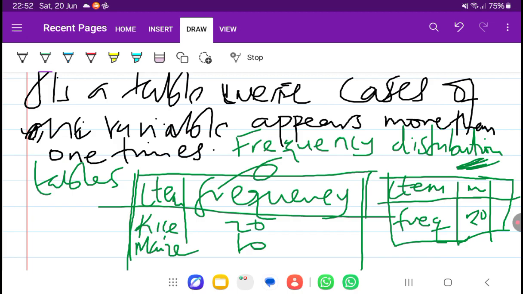But remember, we said earlier on that this information can be presented for both qualitative and quantitative data sets.